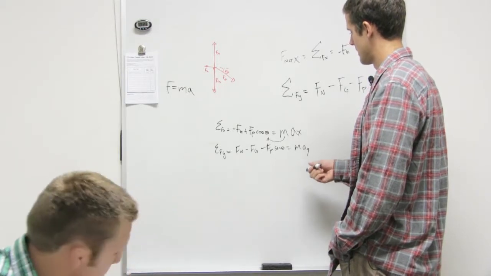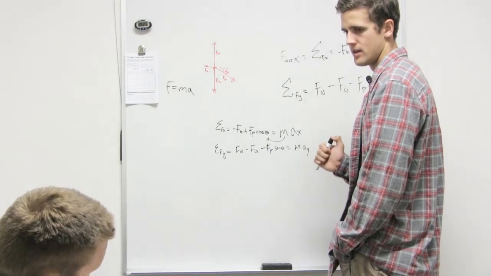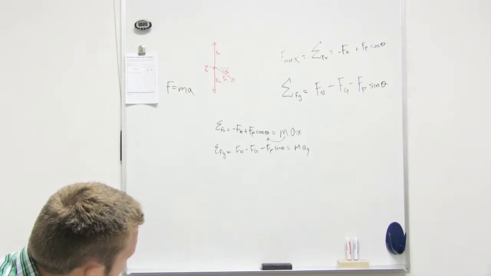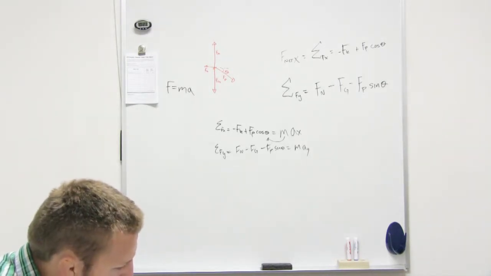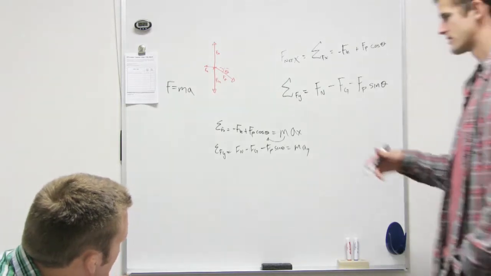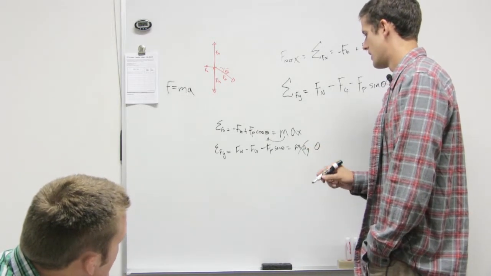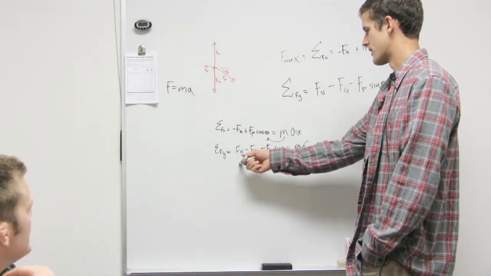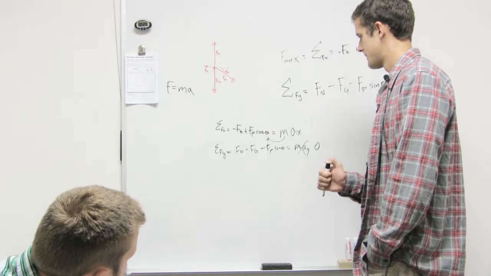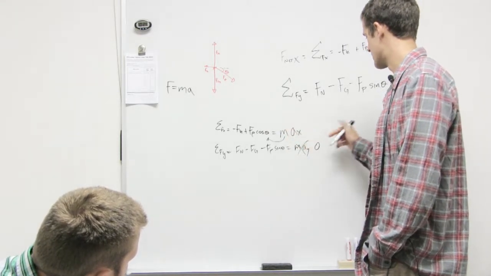And then, what do you know about the acceleration in y? Zero. Right, because it's not moving up and down at all. So this is all equal to 0. So that's why it's saying you can solve for Fn now. Okay. So what would the acceleration in x be in terms of these?